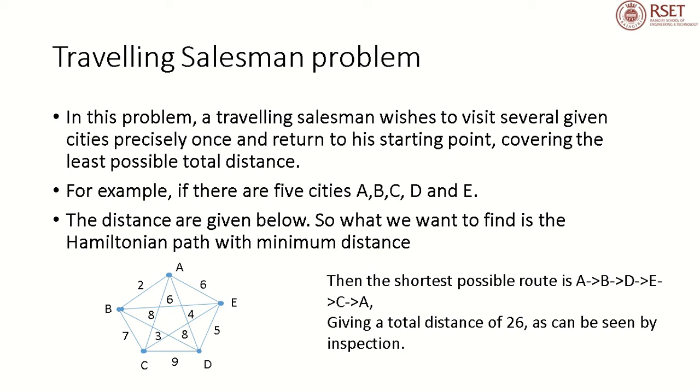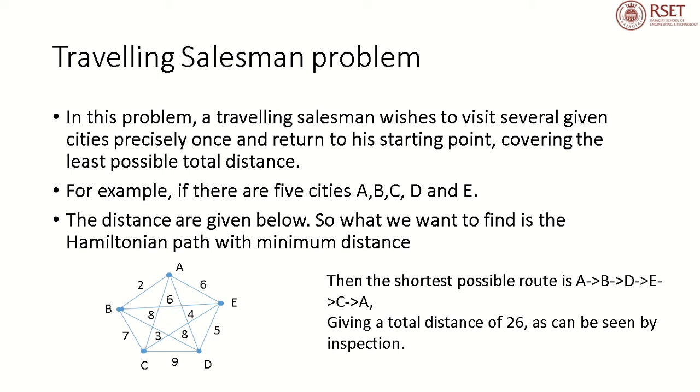One application of the weighted graph is the traveling salesman problem. In this problem, a traveling salesman wishes to visit several given cities precisely once and return to his starting point, covering the least possible total distance.